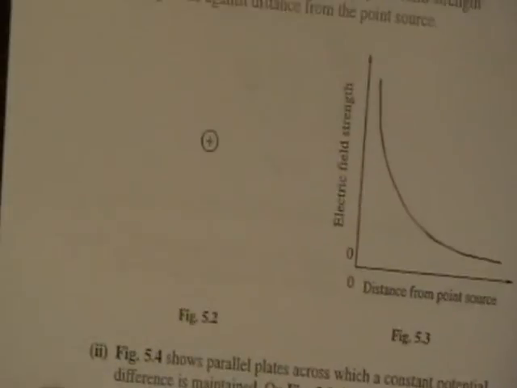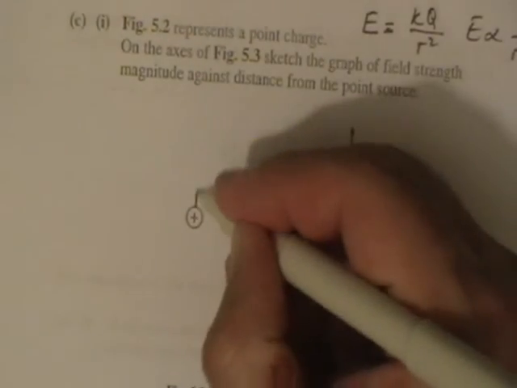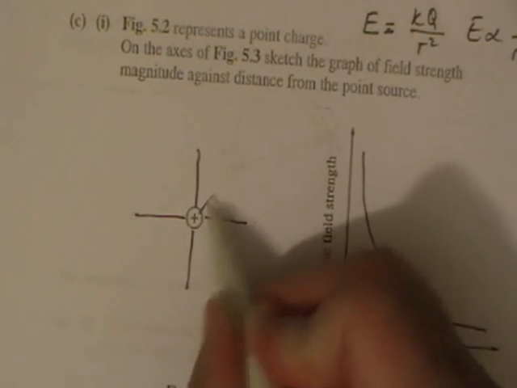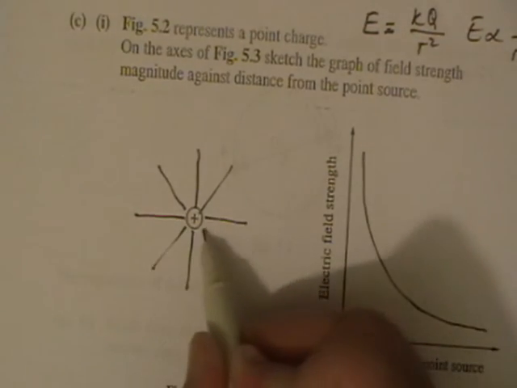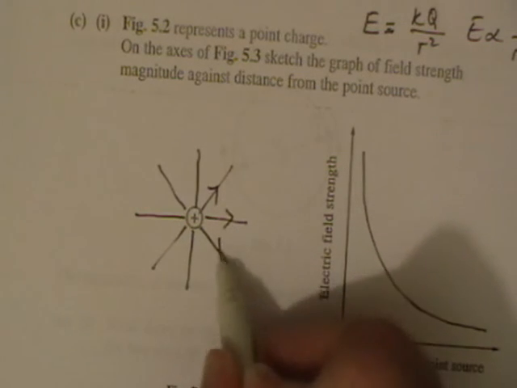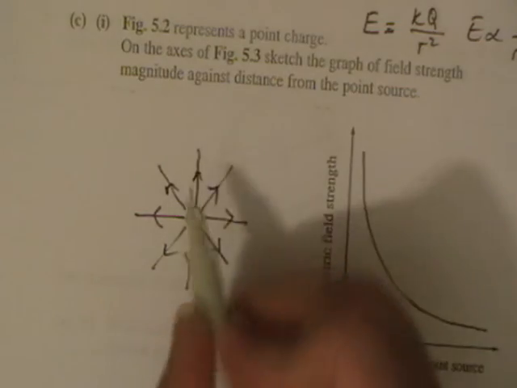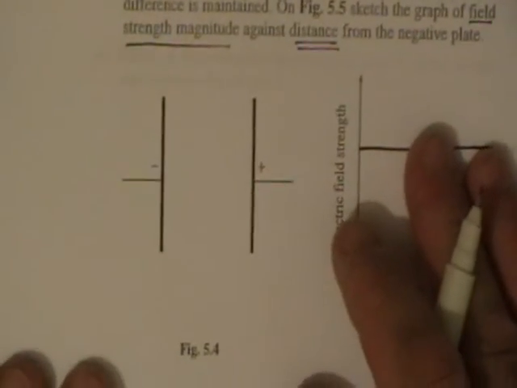In this one here we've got an inverse square relationship from a point source, and we've got that. If we were to remember what the field looks like from there, those lines are going out because it's a positive charge, and that's the direction that a positive charge would move as a result of that.